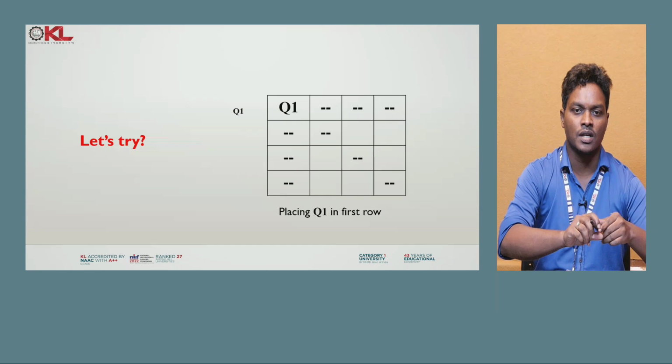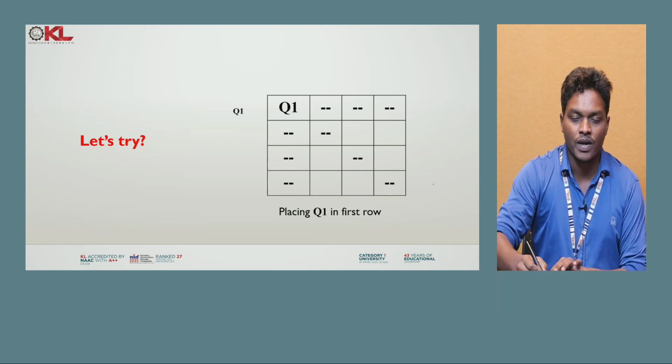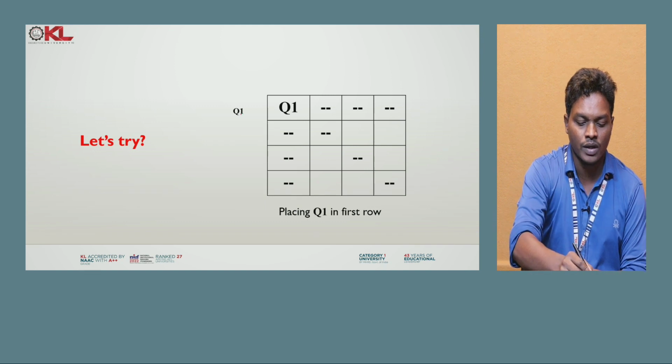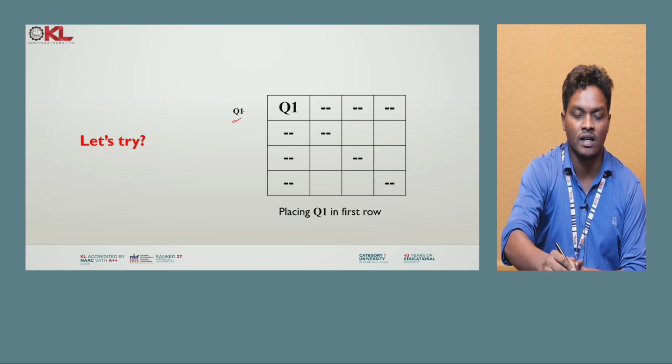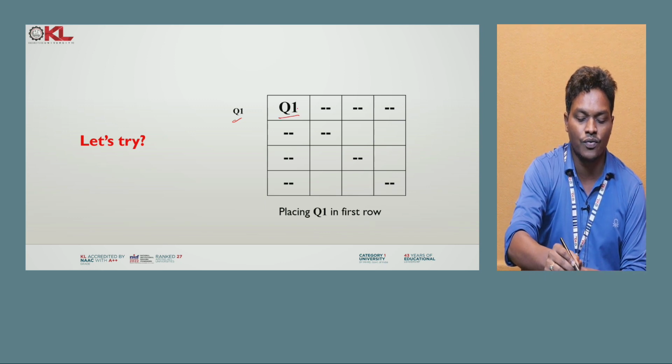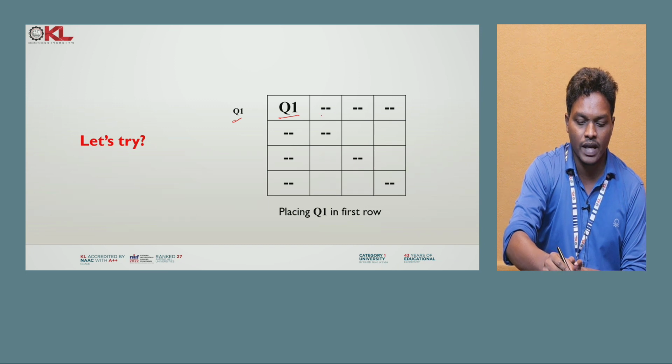In the first 4x4 chessboard, we place q1 in the first row. After placing q1, we should not place any queen in the same row, same column, and same diagonal.